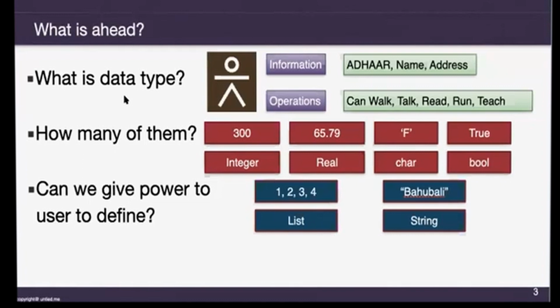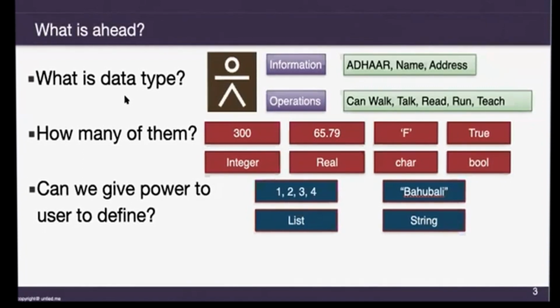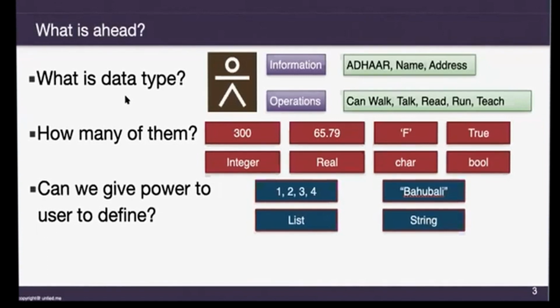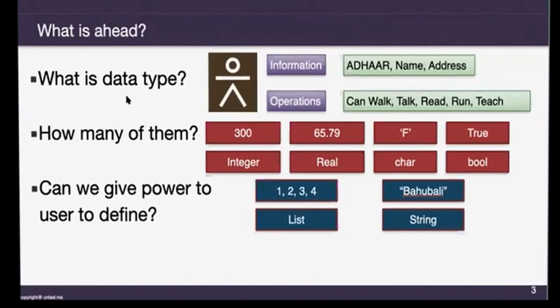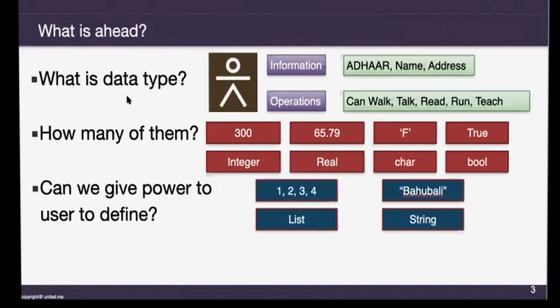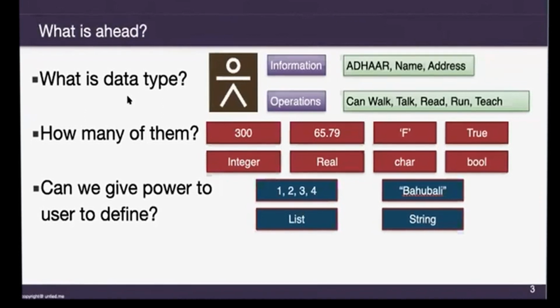Suppose you want to print the mark sheet of a student with percentage. Percentage will always come as a real number, although it may be an integer, but again you will use 00 after the decimal part. So how do you store that value? Because real number is different, integer is different, and whatever we are designing here is in our control. So there should be some mechanism by which we are able to store these numbers.